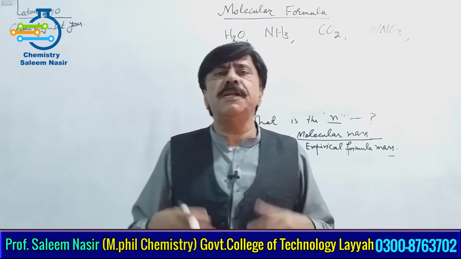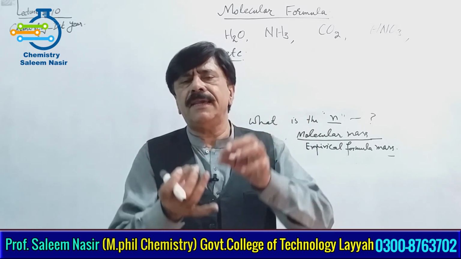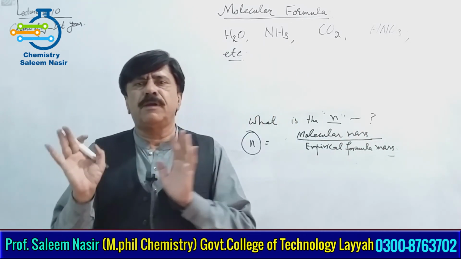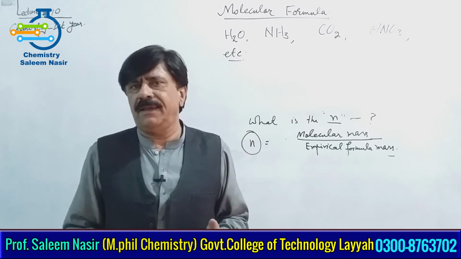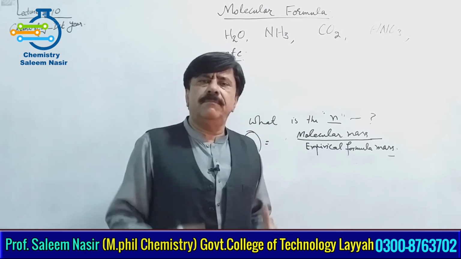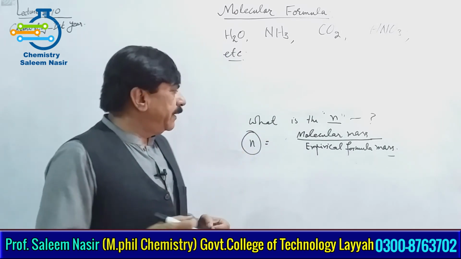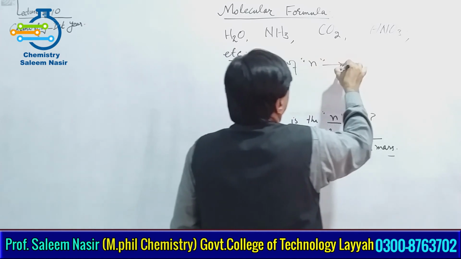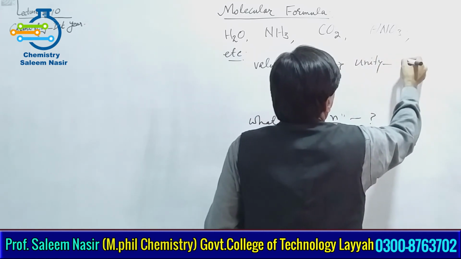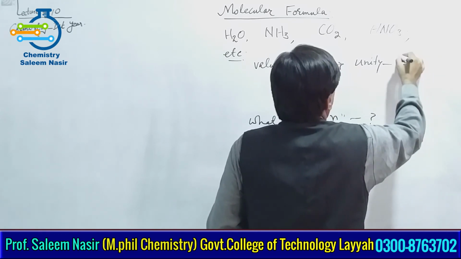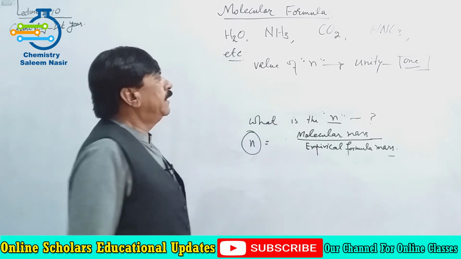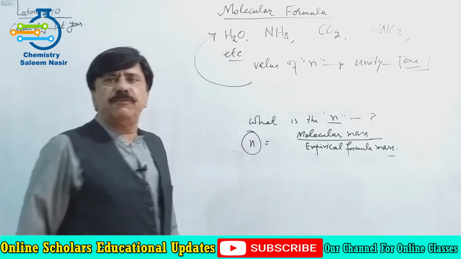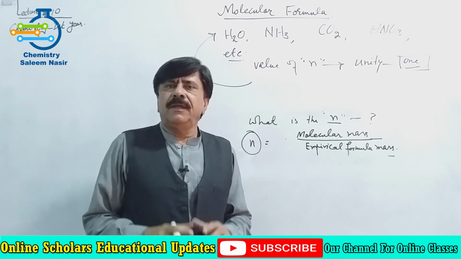Because there are billions of compounds. हम कैसे अंदाज़ा करेंगे कि कौन सा कंपाउंड सेम मॉलिक्यूलर और सेम एम्पिरिकल फार्मूला रखता है? तो इसके लिए एक छोटा सा नुस्खा है कि वो तमाम मामलात जिनमें n की वैल्यू यूनिटी बन जाए, यानी इस रेशो में n की वैल्यू एक आ जाए, तो ऑल दोज कंपाउंड्स विल हैव द सेम मॉलिक्यूलर एंड द एम्पिरिकल फार्मूला. ठीक.